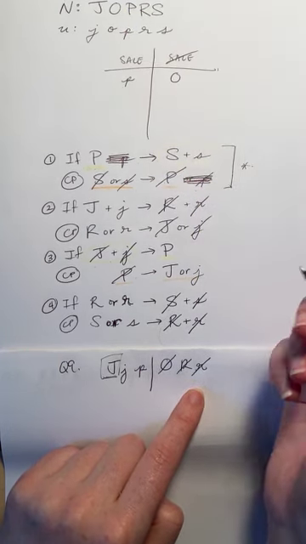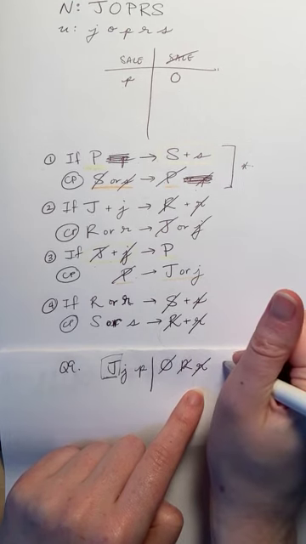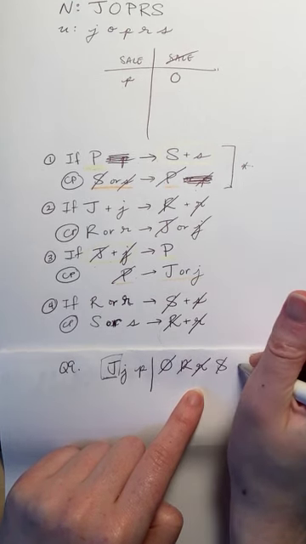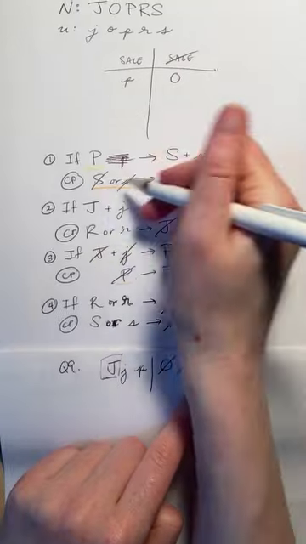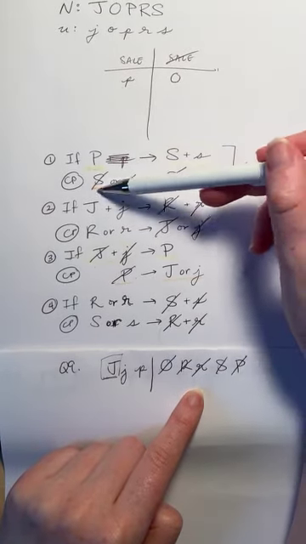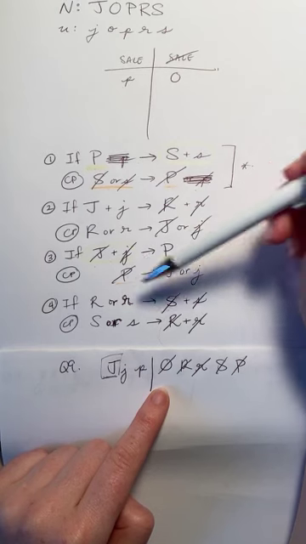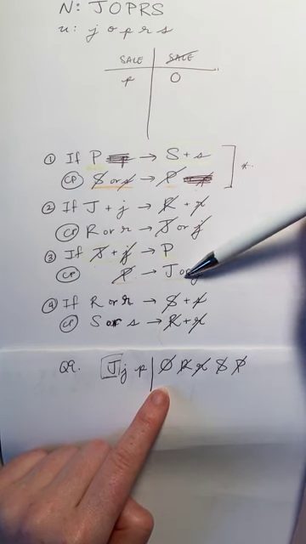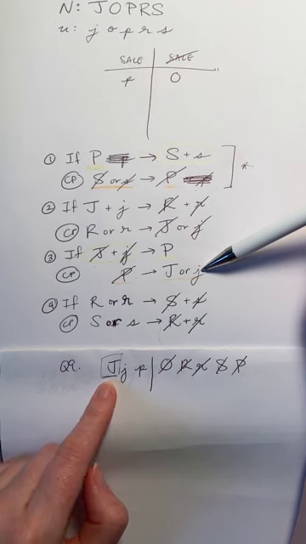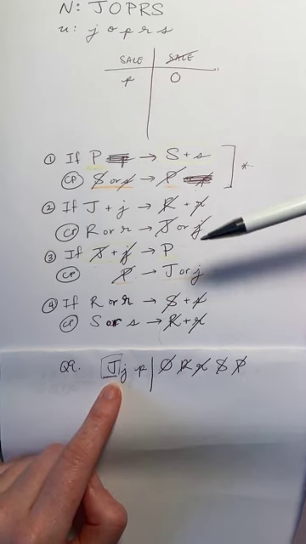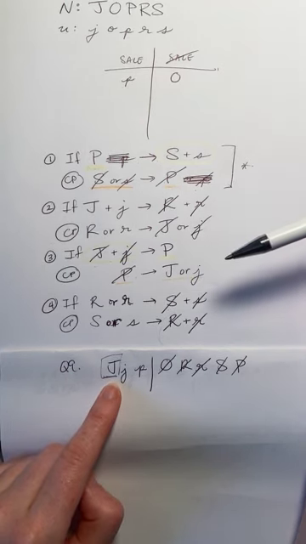So I don't see why not, right? So let's try it. S, we would have to eliminate P if we eliminate S. And then if we don't have P, we have to have at least one of these two in. It's okay to have both of them. Okay, so this or is inclusive, not exclusive.